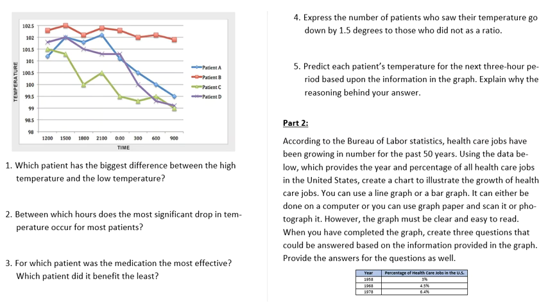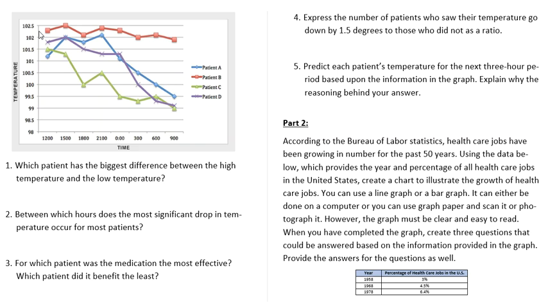So, which patient has the biggest difference between the high temperature and the low temperature? In order to calculate this, you're going to look at the initial temperature for each patient, and you're going to try and approximate it because you can see on the graph it's not giving you exact numbers here. So for this patient in the red, which is patient B, their temperature is about 102.3, okay?